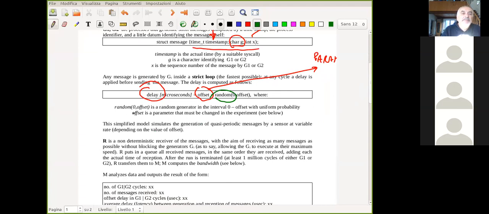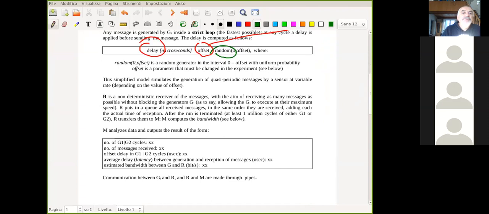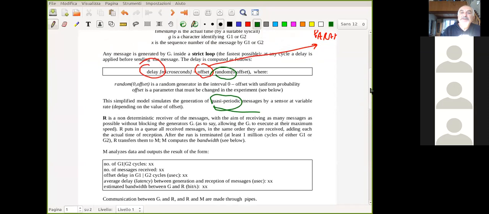So you have to set up a random generator using the system call to simulate the generation of quasi-periodic messages. Quasi-periodic means that there is a period. On average, the period is the offset, but it can oscillate. So this is the generation of messages.